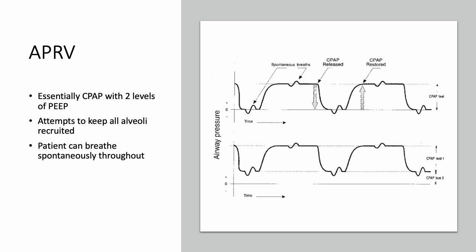But the theory is that you never reach your P low, because when you let the patient exhale, that exhalation time is very, very short, and you only let their lung empty to about 75% of its volume before reinflating it. So although the 0 pressure is the baseline, the patient never reaches that. So the idea is it attempts to keep all alveoli recruited. And actually patients can breathe spontaneously over the top of this. And it seems to be tolerated relatively well.